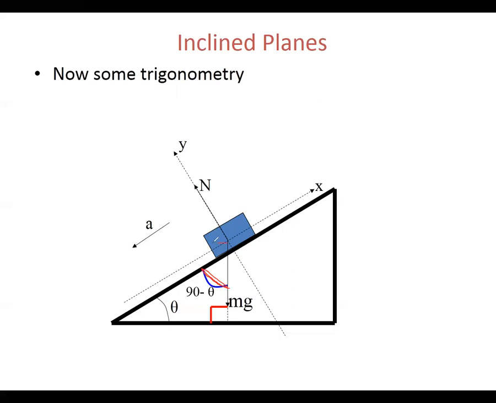If the plane were like this, then these two would be perpendicular and we could consider 90. But it is less than 90, that is why it is 90 minus theta. So we are considering these two as 90 minus theta, and this one is 90.